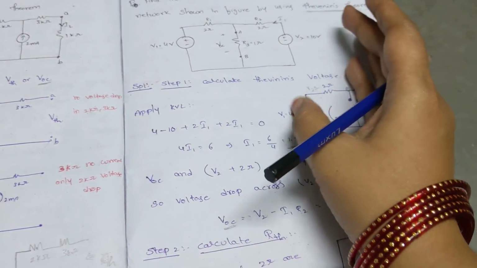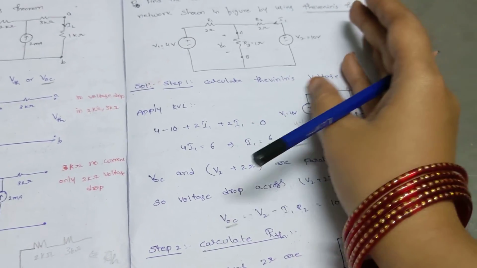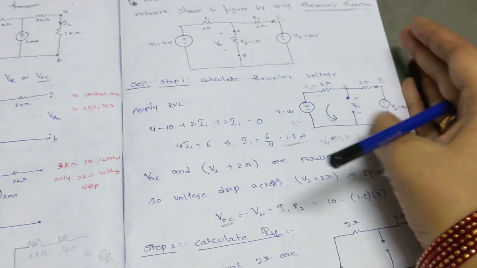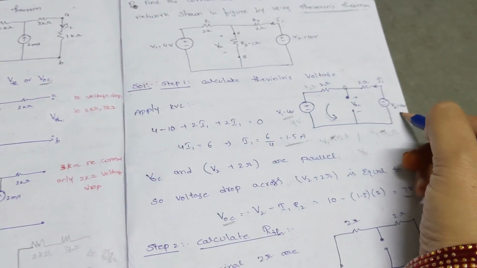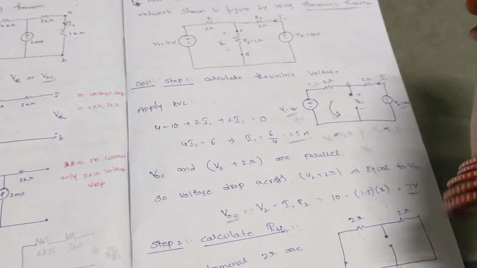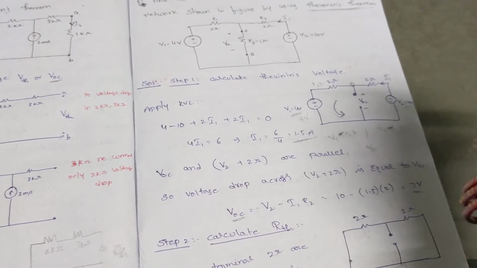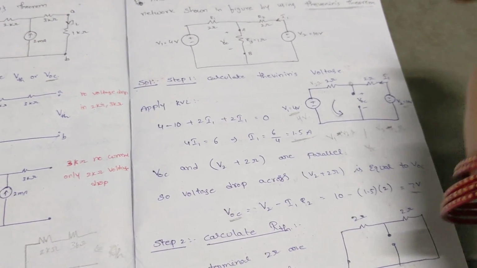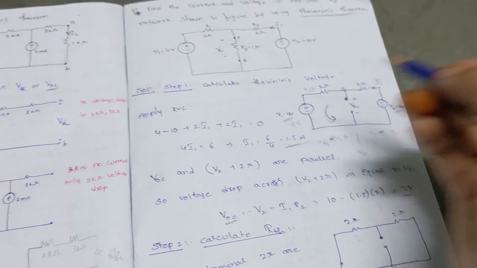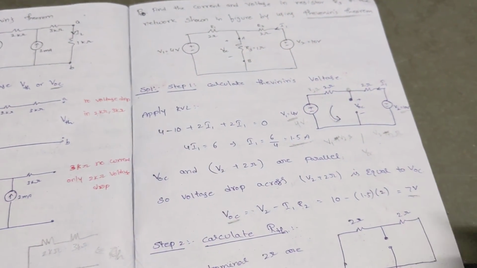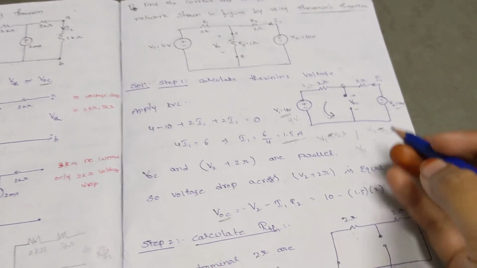If I observe, this is one leg, and this is the other leg. But why did you not choose this 4 volts, why did you go with 10 volts alone? You may ask that question. Please, I just want to clarify once again.